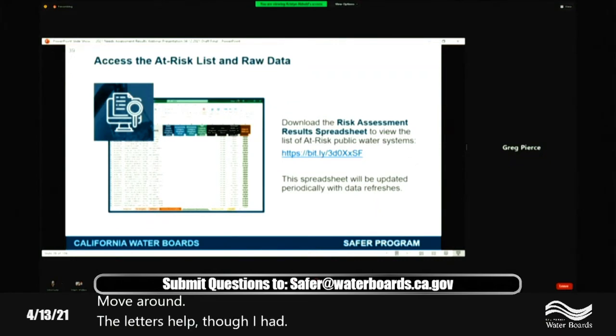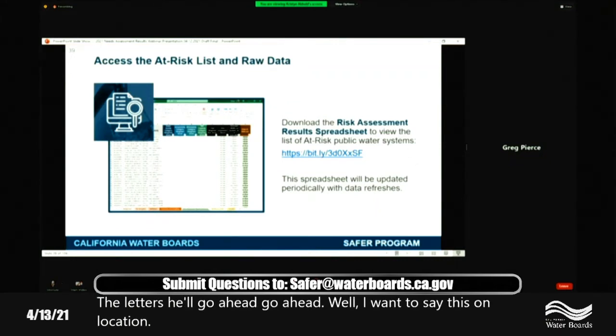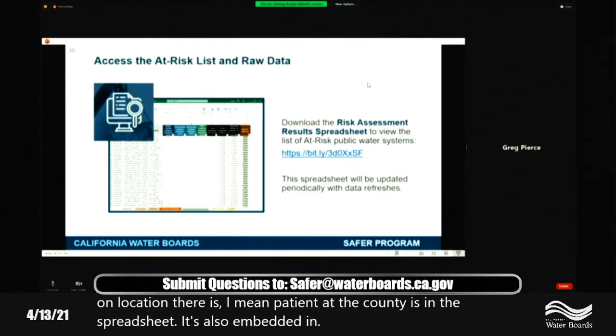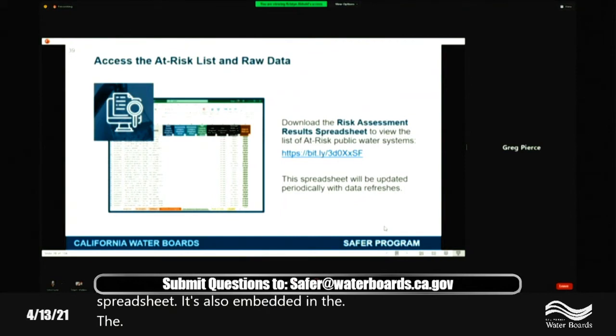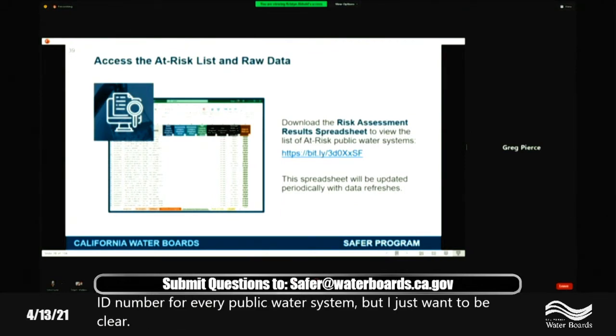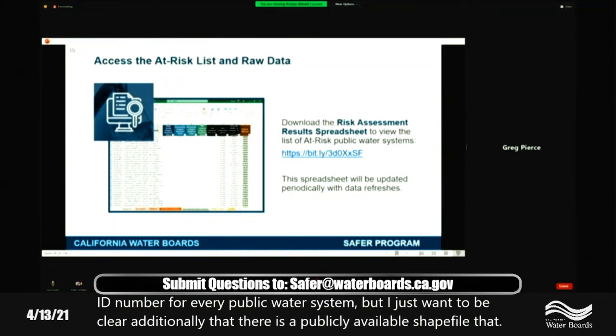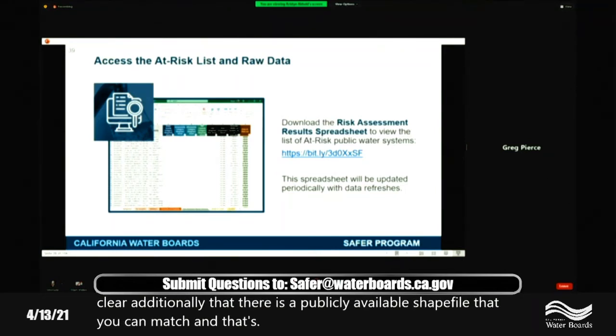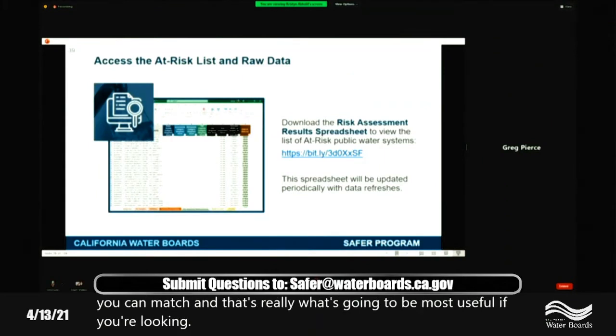Well, I want to say just on location, I believe the county is in the spreadsheet. It's also embedded in the ID number for every public water system. But I just want to be clear, additionally, that there is a publicly available shape file that you can match. And that's really what's going to be most useful if you're looking to do additional analysis, that you can match based on the ID number in the spreadsheet.